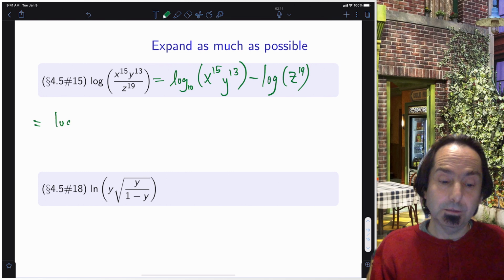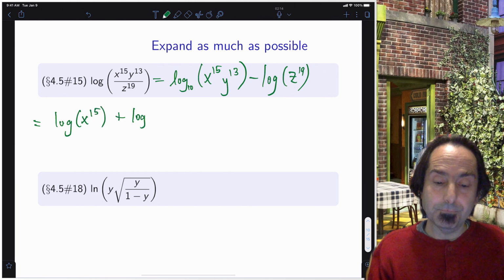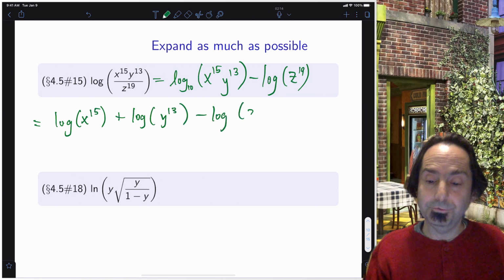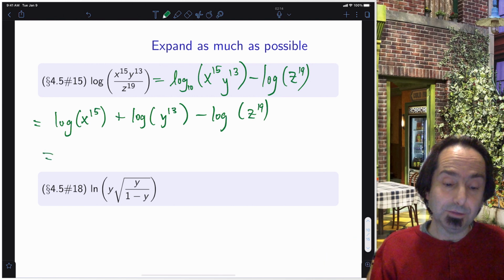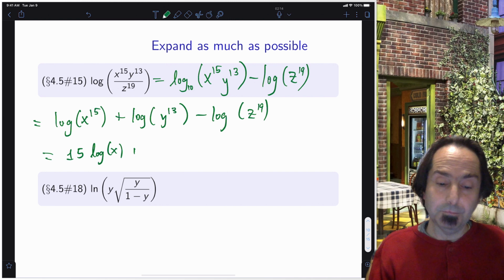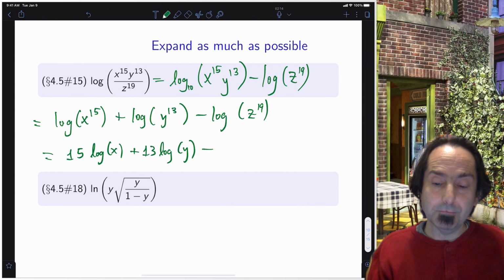This is log of x to the 15 plus log of y to the 13 minus log of z to the 19. But we can keep on going. We can pop those exponents out. That's just 15 log of x plus 13 log of y minus 19 log of z.